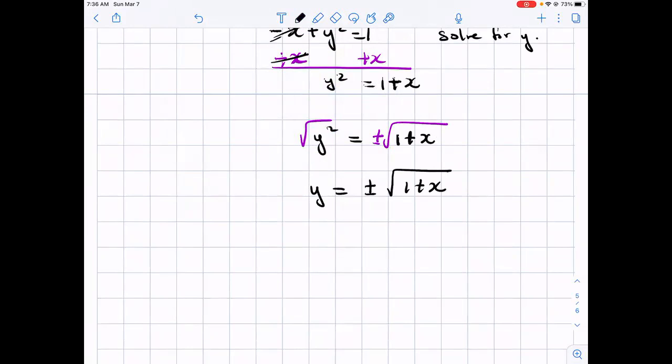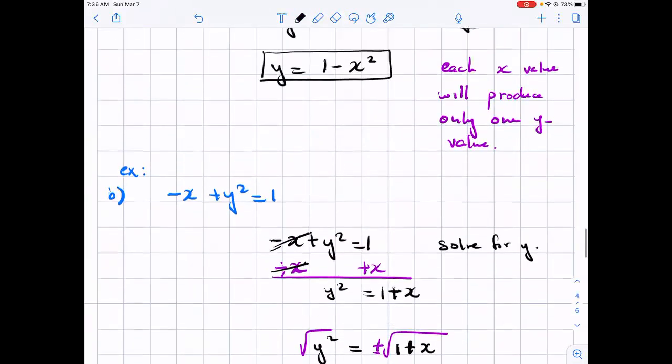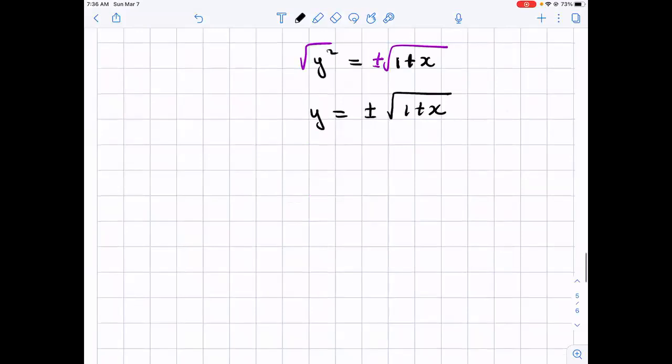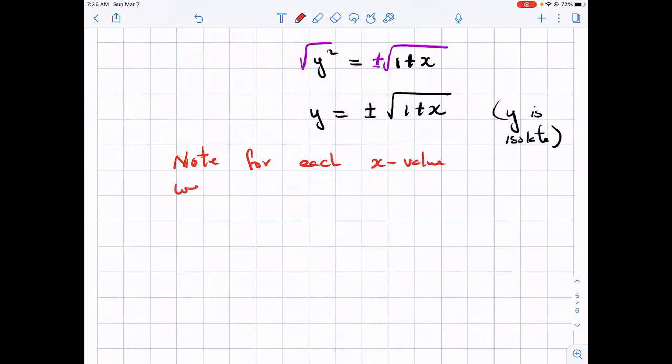And what you will notice here, just as we did above, y is isolated. You will notice that for each x value, we will have two y values, right? Because of the plus and minus.